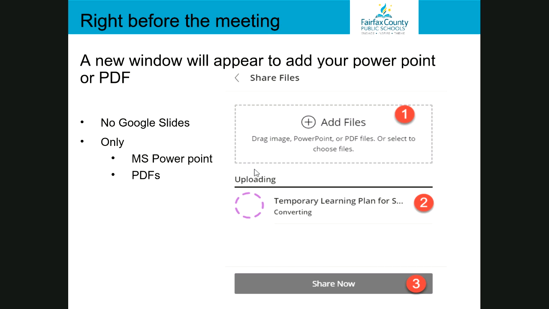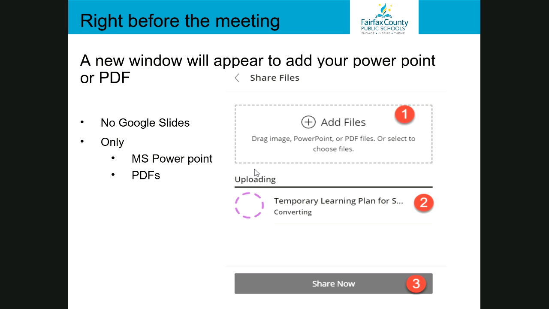Then a new window will appear, and this is where you can add your PowerPoint slide, or if you wanted to share a PDF document, let's say you were getting ready to review the diploma options for special education students, or the ESY information, or the 504 procedural safeguards in PDF form, and you wanted to put that on the screen.